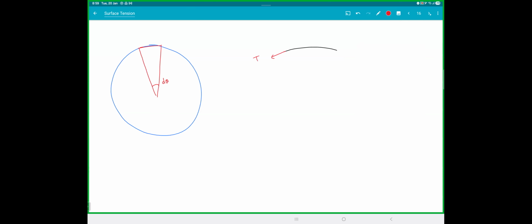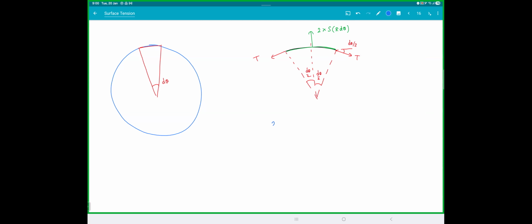When you take this small piece here, we have tension here. This will be d theta by 2, d theta by 2, and tension. And this will be the surface tension force, which is 2 times, because there are two surfaces, S into r d theta.